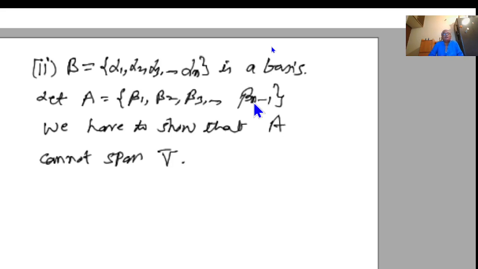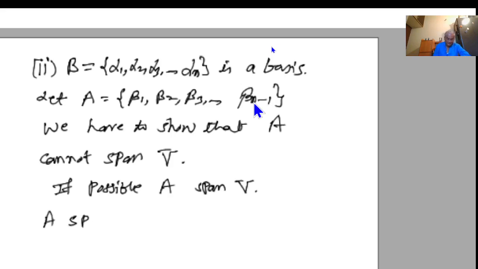If possible, A spans V. So here A spans V, and what is B? B is the basis here. B is a basis means B spans V and B is linearly independent.